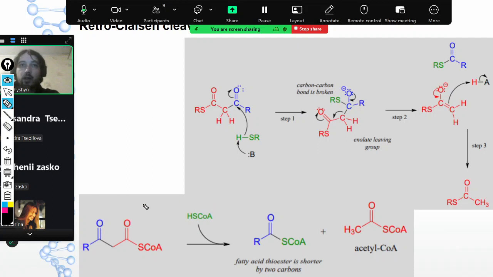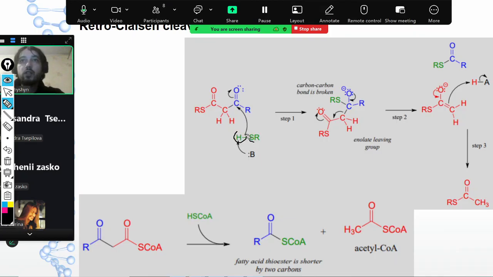So we are considering right this step. And you see, here is this step shown in some sort of schematics, and here is some detailed mechanism of the reaction. So it's a little bit more complicated than it looks. So this thing is basically the coenzyme A. It has an SH group.